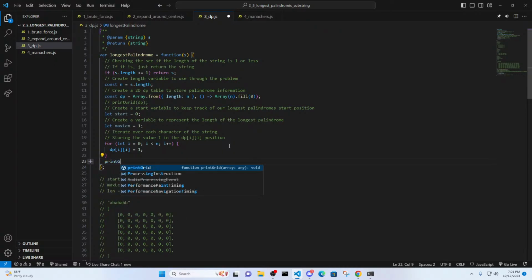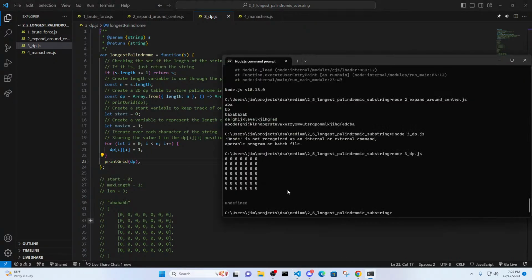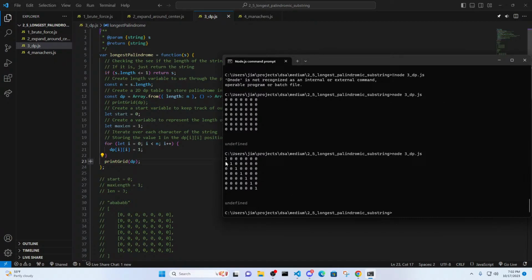Now let's run the print grid. You can see now if we print the grid, we have 1s just across, because this is just saying if we're looking at the first character of the entire string, then the first character is a palindrome. If we're looking at the string with the first character sliced off of it, then we're still looking at one character.